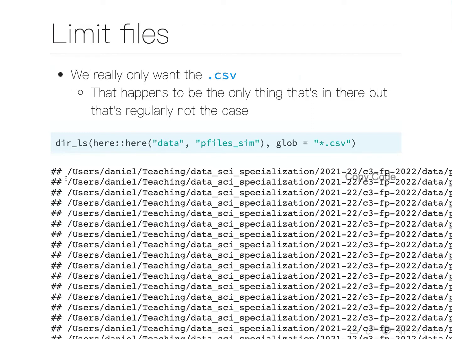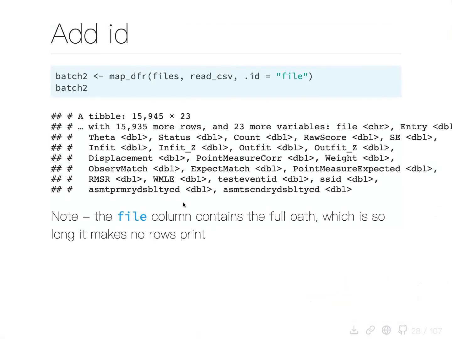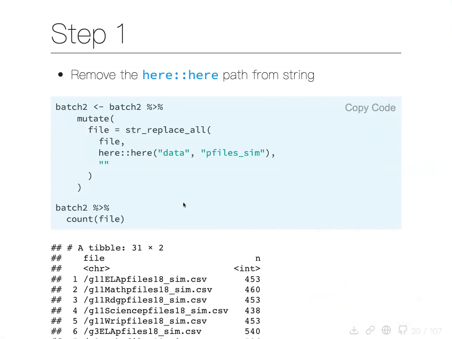The whole thing from the root of my computer, basically, all the way through to that file. I don't really want that in this case. I don't want all of that stuff. I just want to know what the file name is. Okay, so that was important for importing, but it's not important for actually pulling data from there.